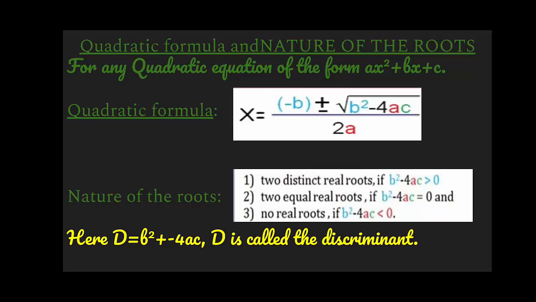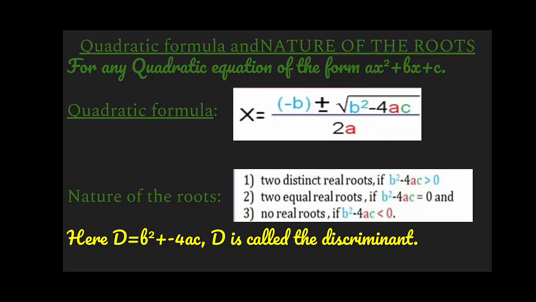Nature of the roots. The nature of the roots will be determined by a term called the discriminant, which is D, and the discriminant D is the value which is inside the root, b square minus 4ac. So whatever the value of this is will determine what type of roots it has.